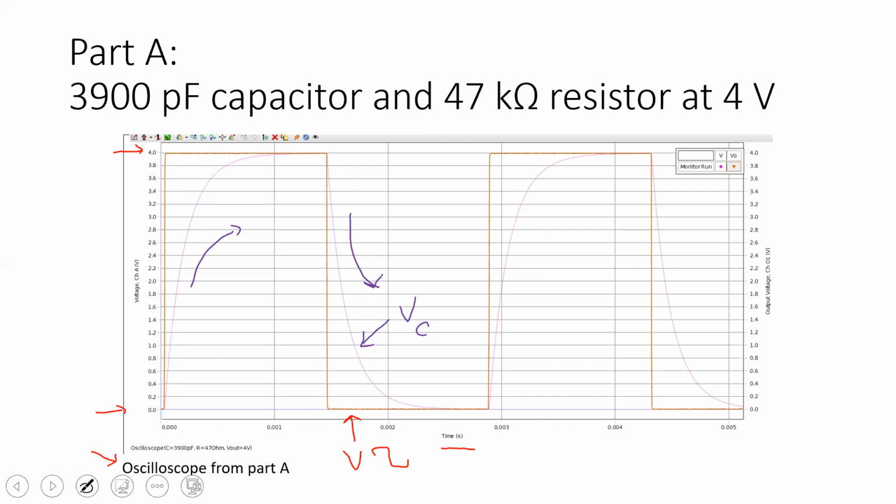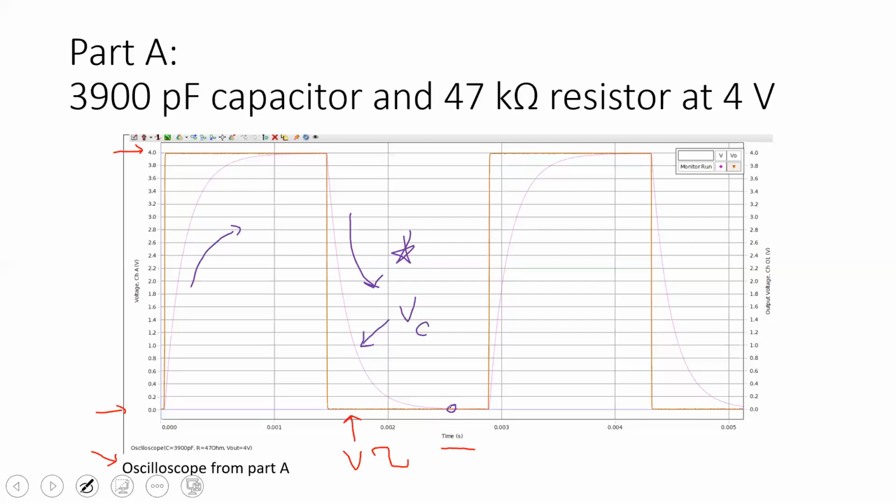So remember, we're looking at this point right here where the capacitor is decreasing its voltage. So we turn off our function generator, or we turn off the switch right there, and you'll see it takes us a while for the capacitor to also reach 0 voltage. So it takes a certain amount of time for the capacitor to discharge. That's what we want to look at in this experiment.